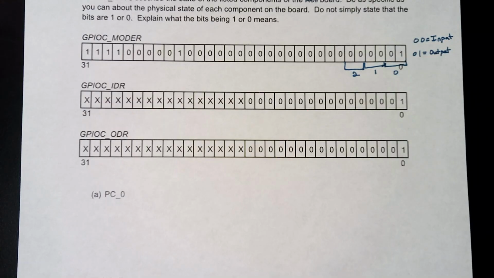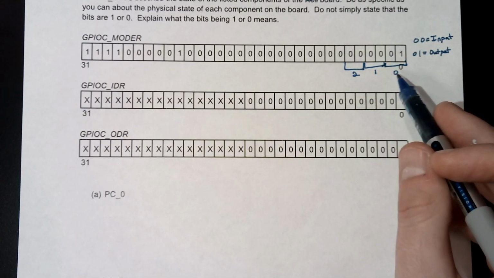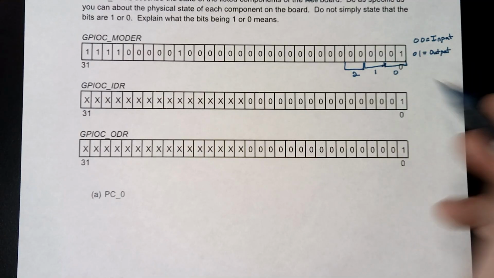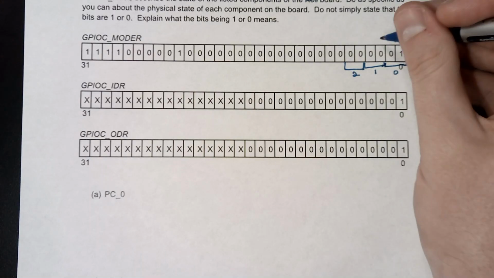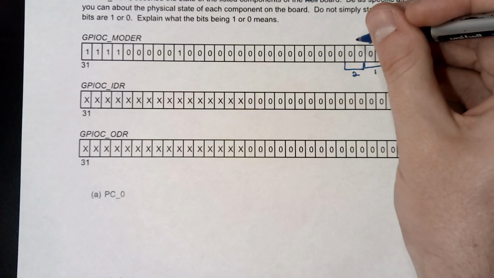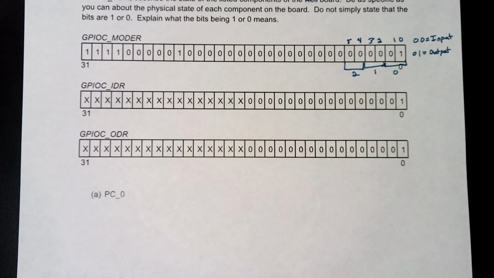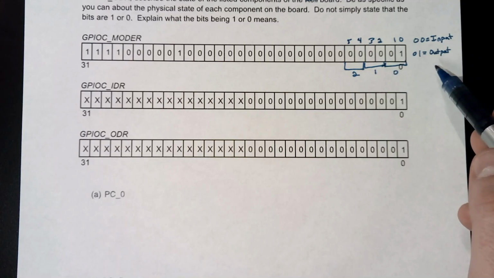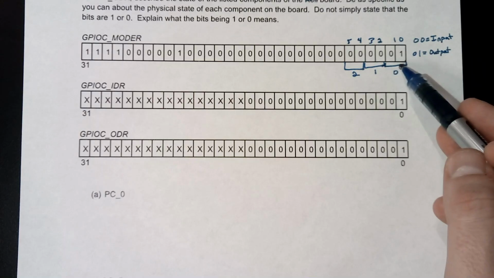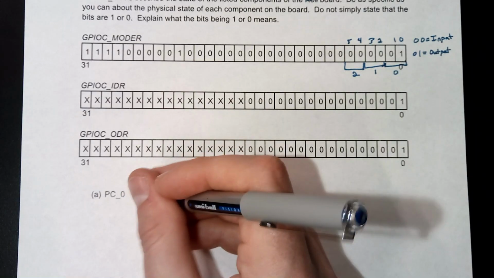So PC0, because those 2 bits, and this is bits 0 and 1 in the register, and then here this is 2 and 3, 4 and 5, so on and so forth. Each pair of 2 bits is the corresponding 2-bit state for that pin. And so pin PC0 is an output.